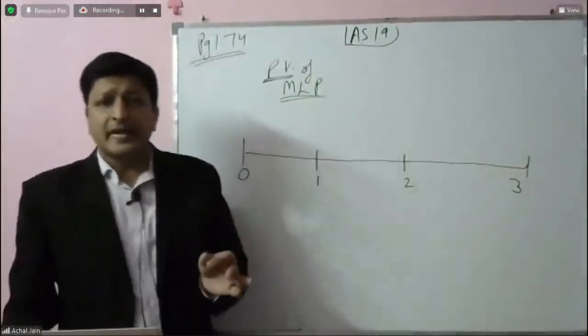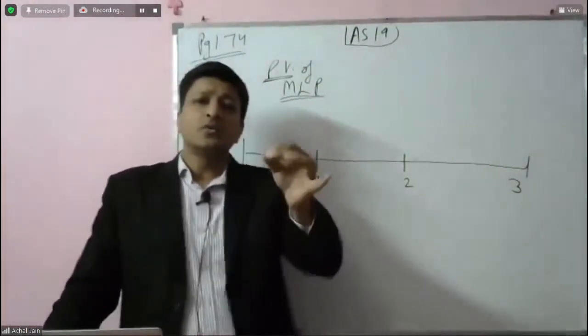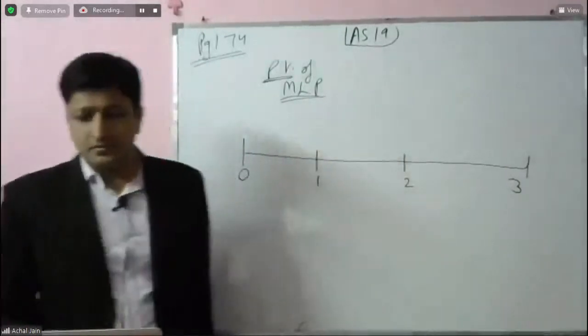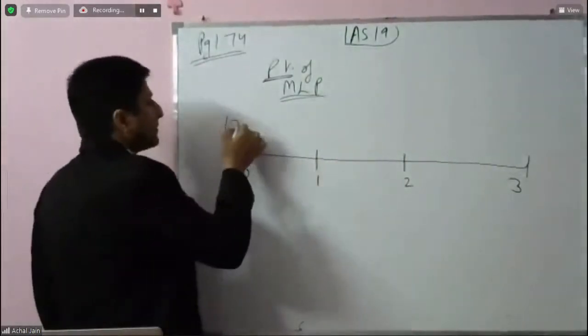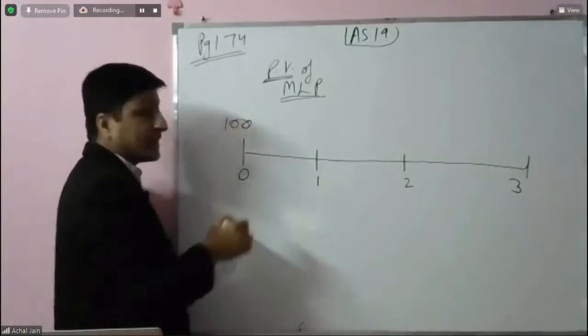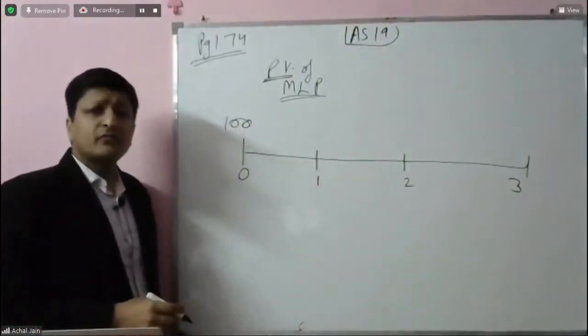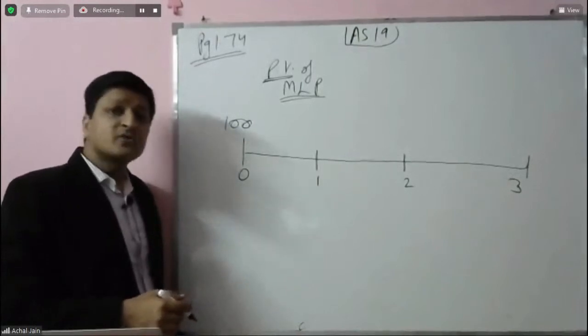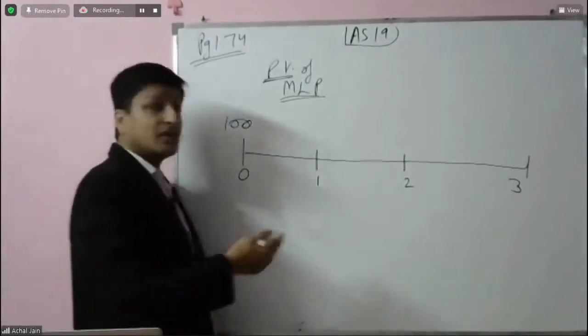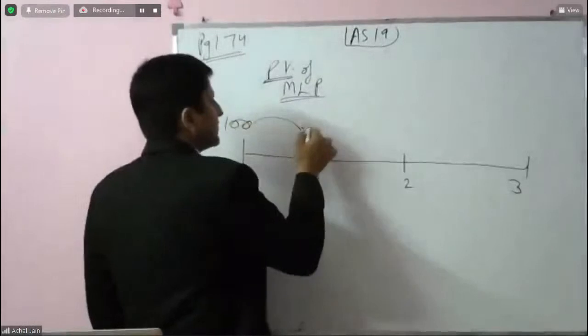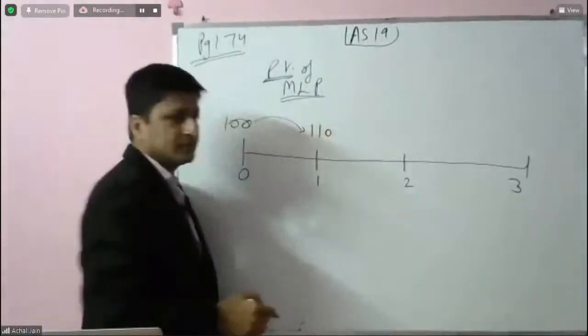Say if I pay ₹100 to a bank, it means I deposit ₹100 in a bank. So after 1 year, what would it become? Assuming there's a rate of 10%, 110.